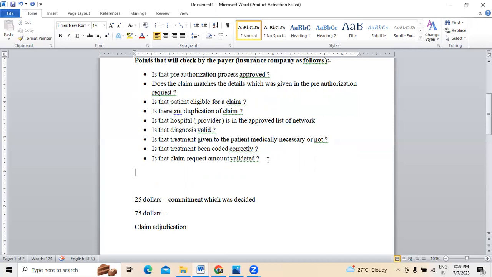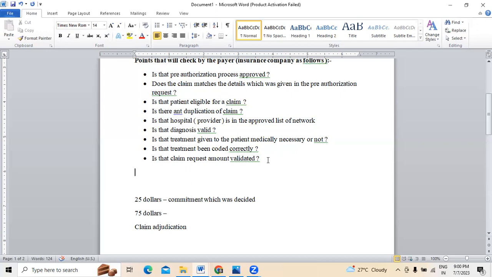If the application identifies any corrections, those correction details are applied automatically. Based on that, the claim adjudication is processed by the payer to the provider. Again, the provider has to give clarification on the queries raised by the payer.